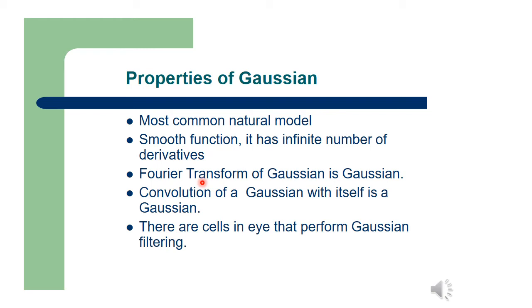And Gaussian is named after the scientist Gauss, who was very intelligent and ahead of his classmates.